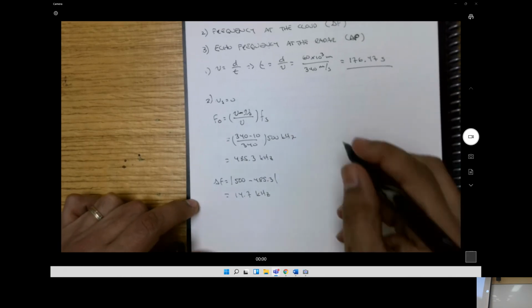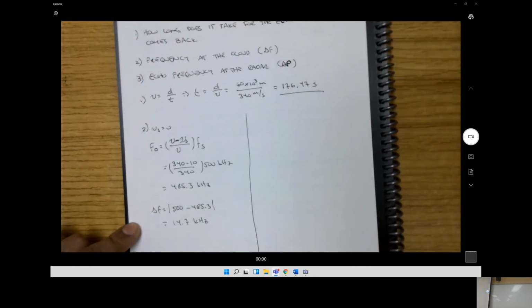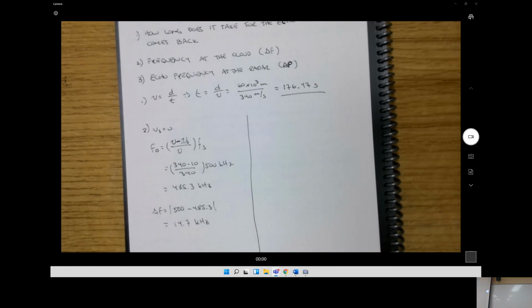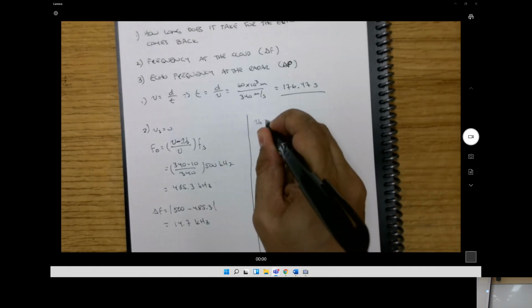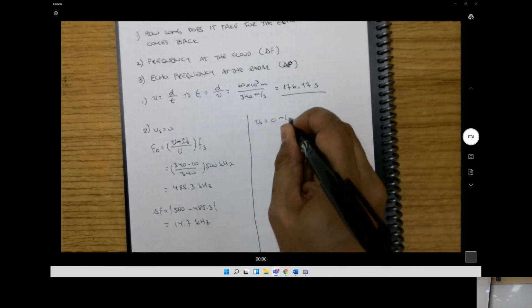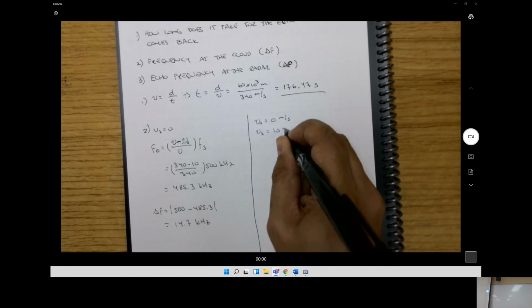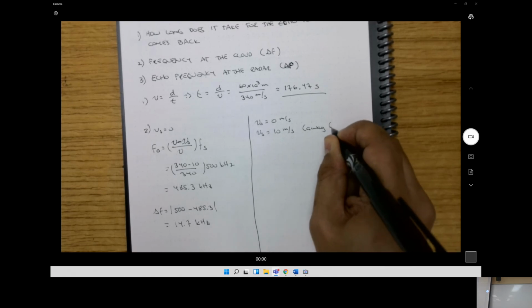Now I'm going to do the same for the second part. In this case, the velocity of the observer is going to be 0, and the velocity of the source is going to be 10 meters per second away from the observer.